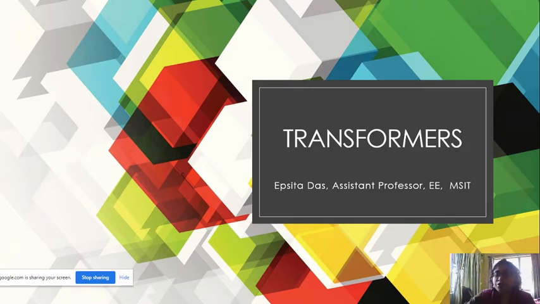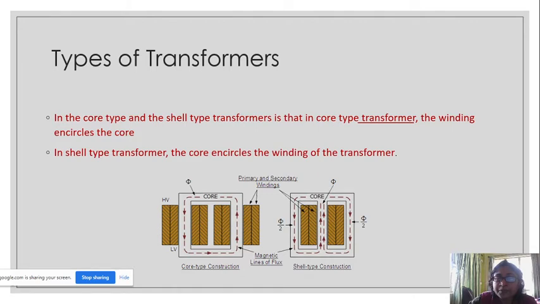Okay, so let's start with the very brief construction. What is a transformer? A transformer is an electrical device. It is a static device. There is no rotating part in a transformer. It works on the principle of magnetic induction.